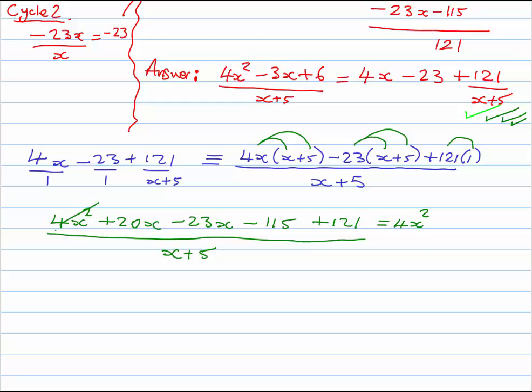Okay, so that one's dealt with. X terms, I've got 20x minus 23x. So that's going to give you minus 3x. And then we got these numbers here, minus 115 plus 121, of course, gives you plus 6 over x plus 5.